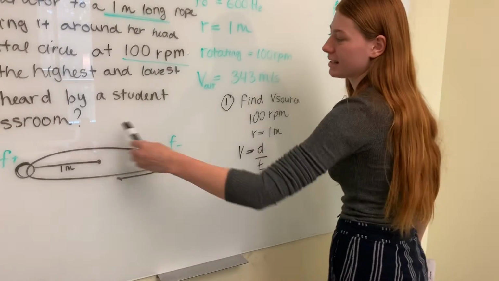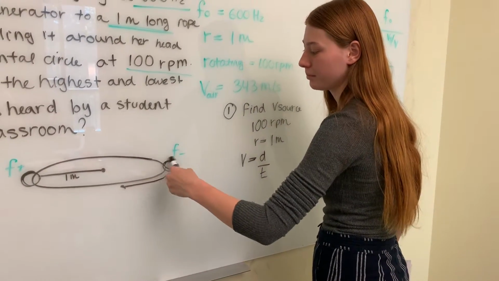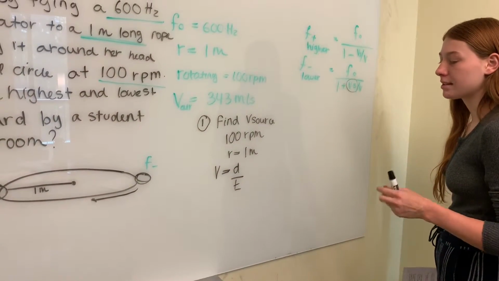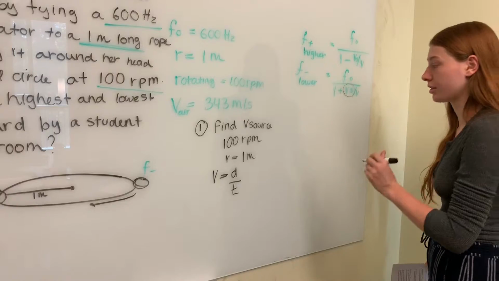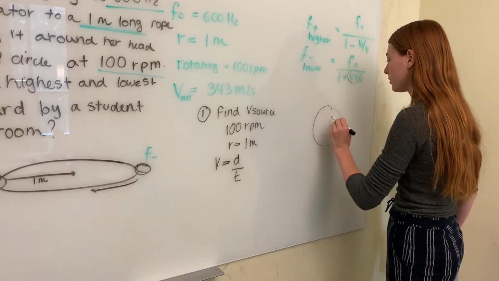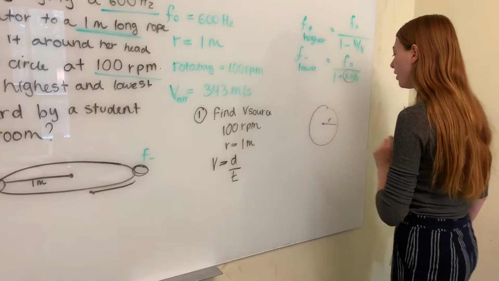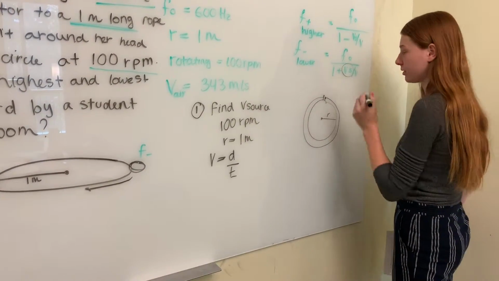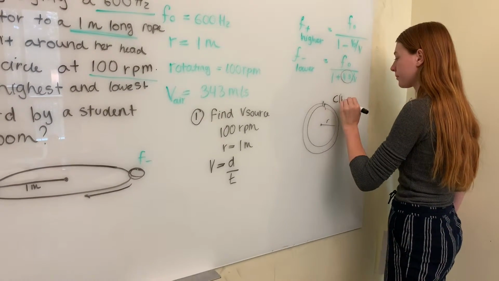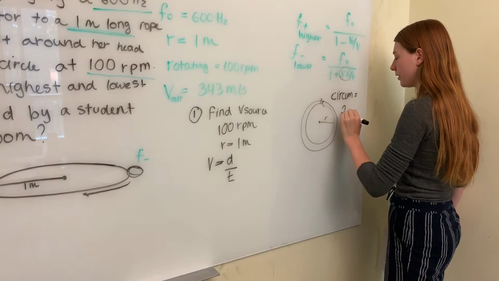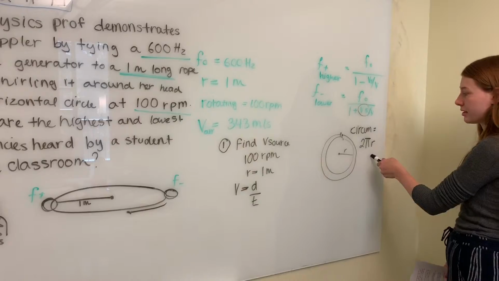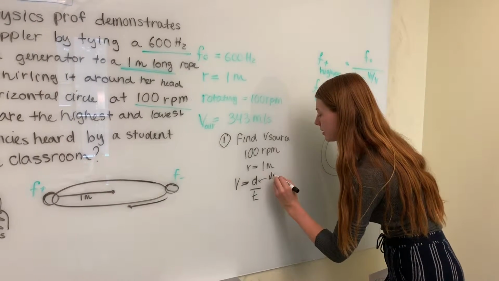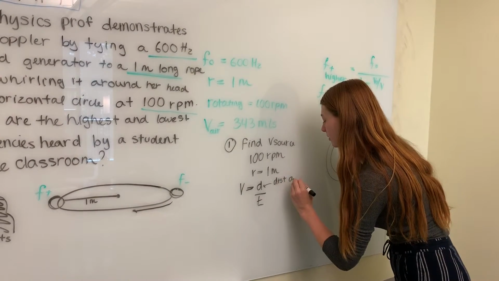D is the total distance the little ball travels in 1 revolution, and another way to describe this is that the total distance is the circumference of the circle. So if you remember, the circumference of a circle, the entire distance around one circle, is 2 pi r.